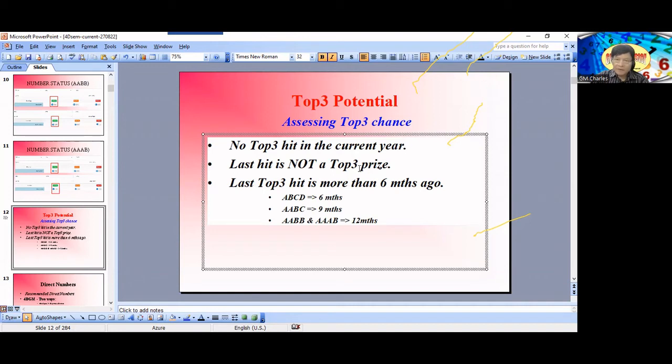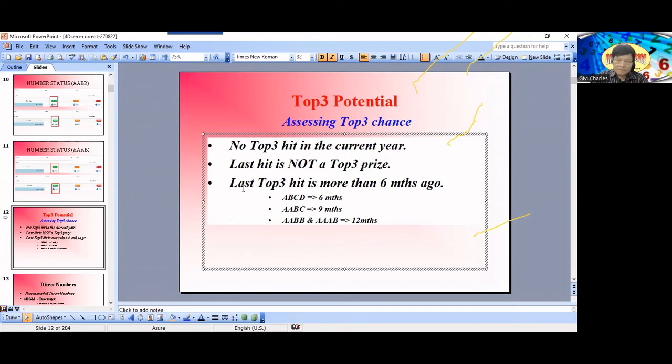So for example, if a number this year 2022 has no top 3, but in December last year it has a top 3, and then the current year there's another top 3 back to back, that means it doesn't meet this criteria. So the last hit must not be a top 3 also. If the last hit is a top 3, then it's not a good number also.